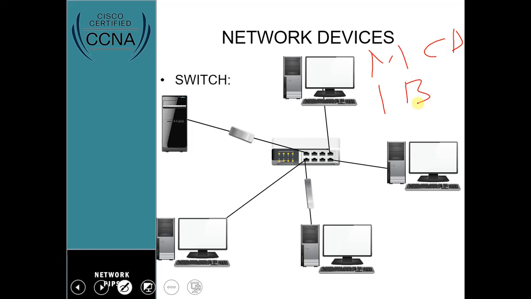Multiple collision domains means that these devices can communicate with each other without this one receiving that packet, or this one receiving that packet. You understand? They can communicate with each other individually without hearing each other. So it's more secure than the hub. But the broadcast domain, it has one by default.